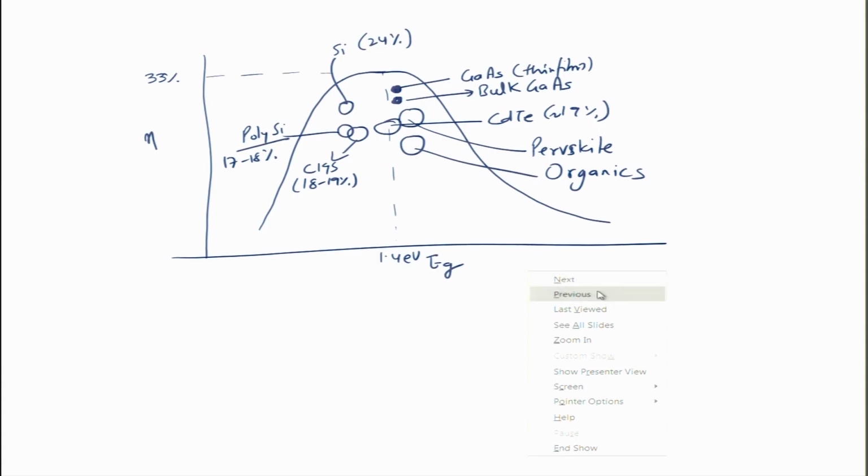So, you can see that these are different materials that you have in different domains. So, band gaps are centered around 1.5 electron volt. Some materials have band gaps higher than 1.5 electron volt, and materials like silicon, CIGS have lower band gap.